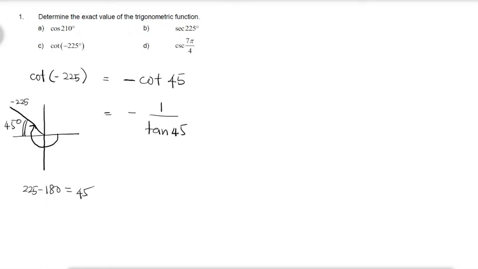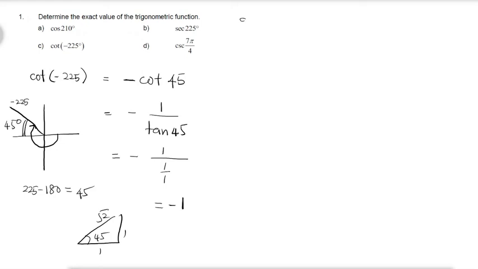By using the isosceles right angle triangle, for a 45 degree angle, the sides are 1, 1, square root of 2. So this is negative 1 over 1 over 1, which is equivalent to negative 1.